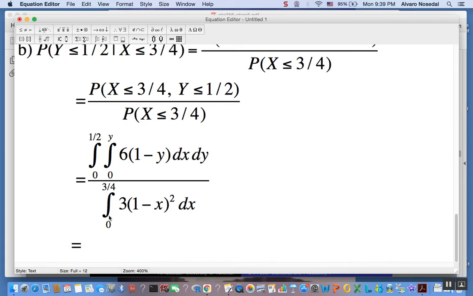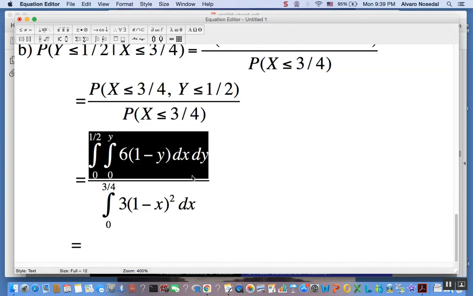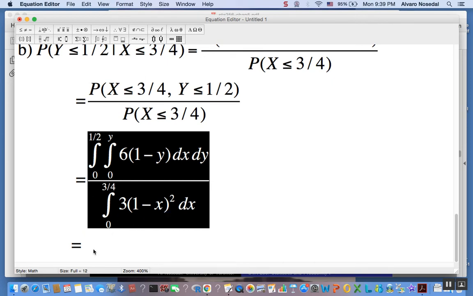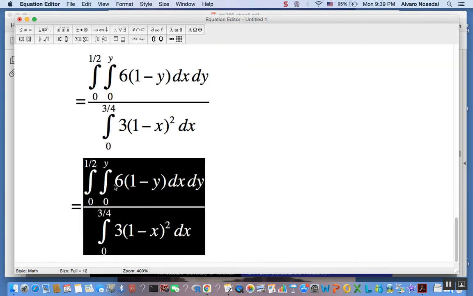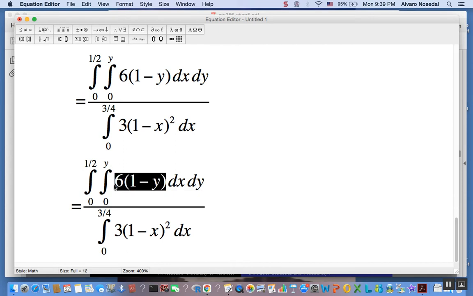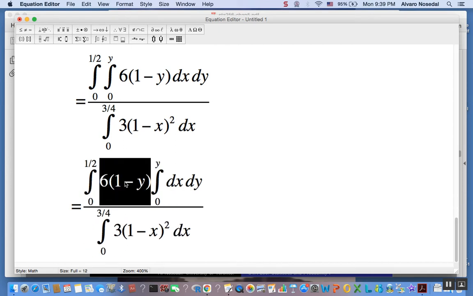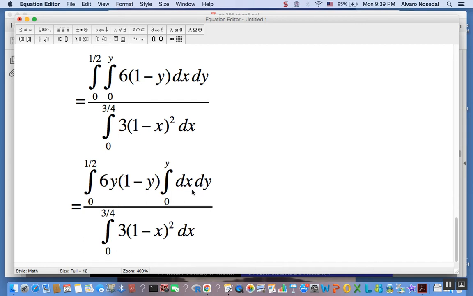So, first one, right, is not going to be hard. We just, you know, factor this one out, that's constant with respect to x, right? Now the integral of 1 with respect to x is just x. We're going to be evaluating from y to 0, so we end up only with a y, right?